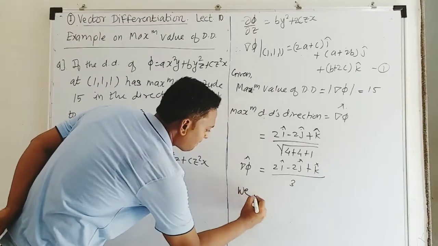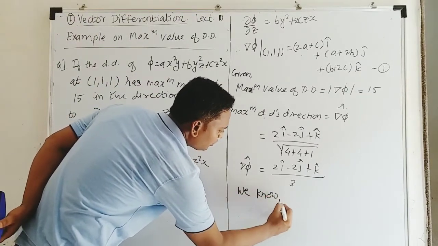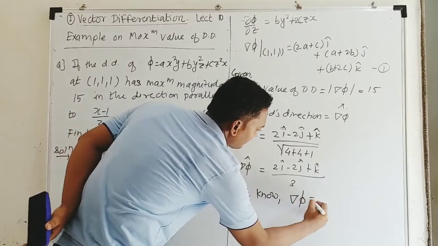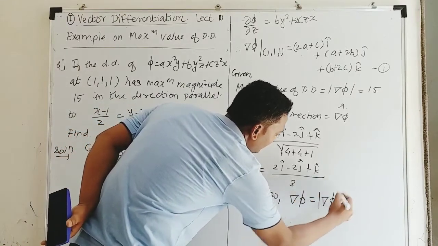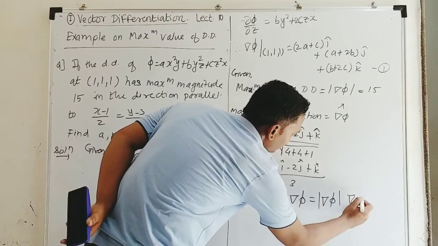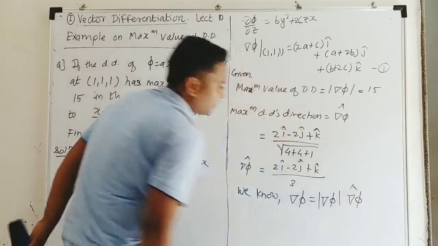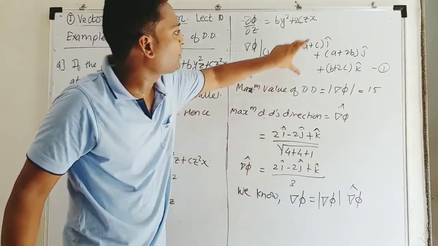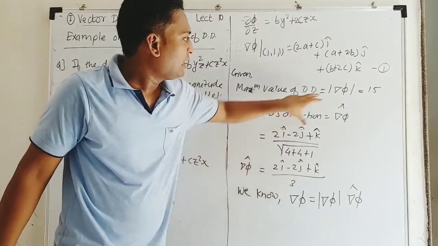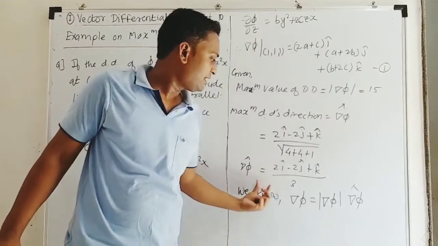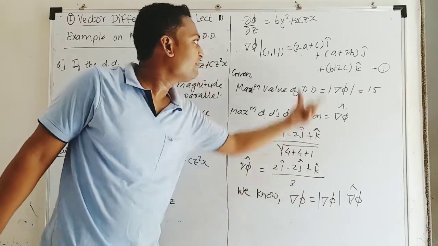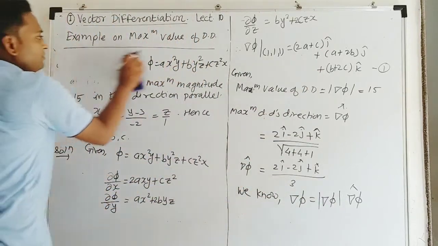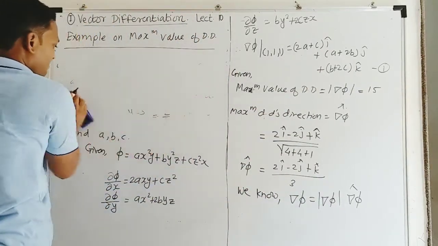We know the vector del phi is equal to magnitude of del phi into del phi cap. Okay, this we have. Now I am going to substitute the values of del phi, magnitude of del phi and del phi cap here. So I will get one equation of this type.